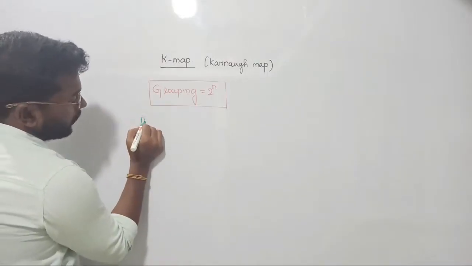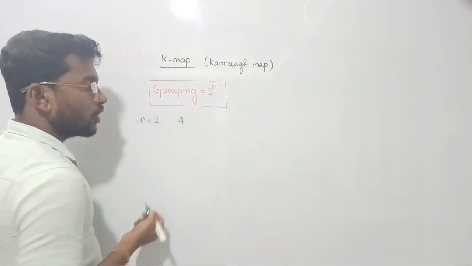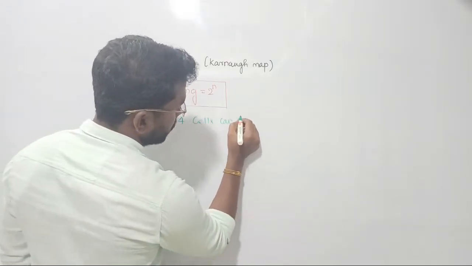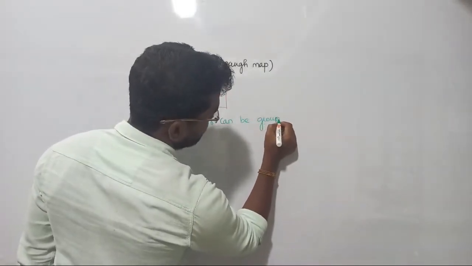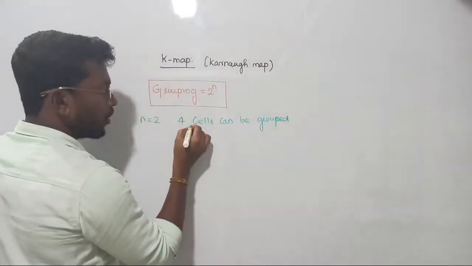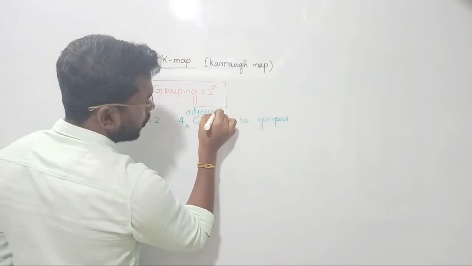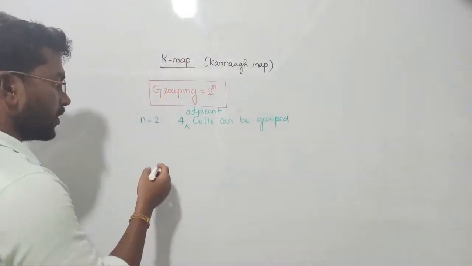If I consider n equal to 2, then 2 power 2 is what? 4. So it means 4 cells can be grouped together. But you have to understand, 4 adjacent cells, don't forget that word. 4 adjacent cells can be grouped, right?